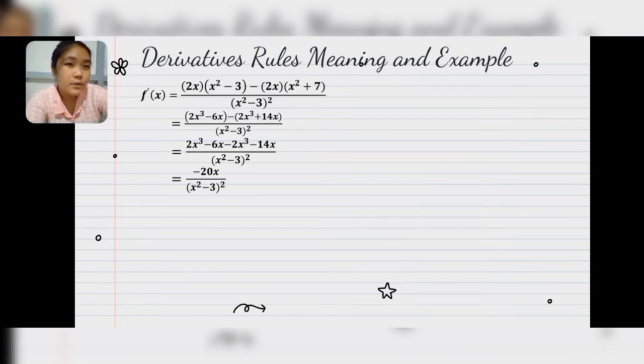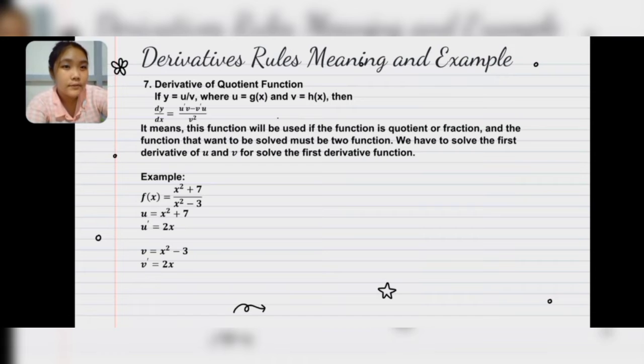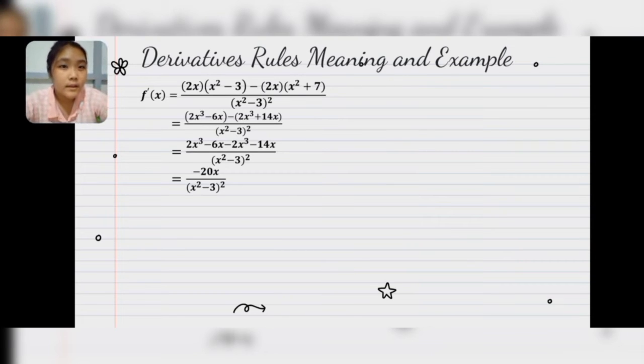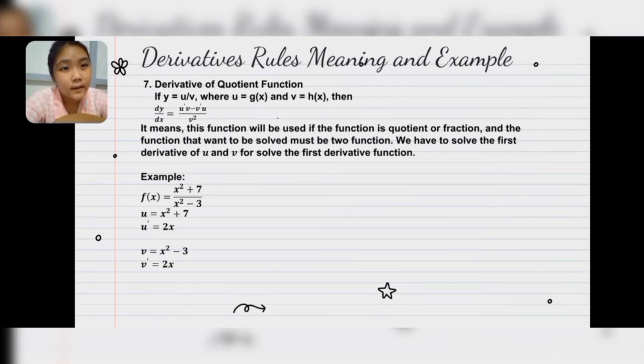We have to remember the formula is dy per dx equal u prime v minus v prime u per v to the second power. And then the derivative of u is 2x.